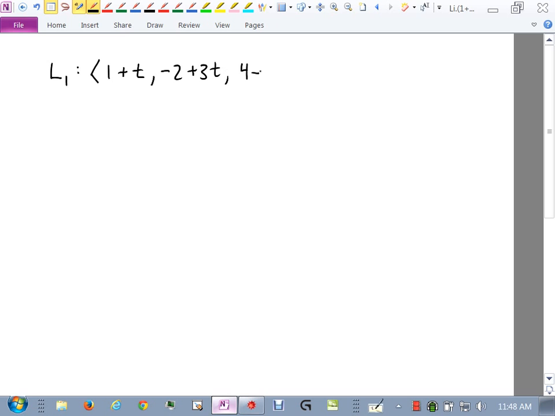Okay, I think I agree. Both of these lines have a direction, don't they? Each of them had that v vector, which was the direction of the line.